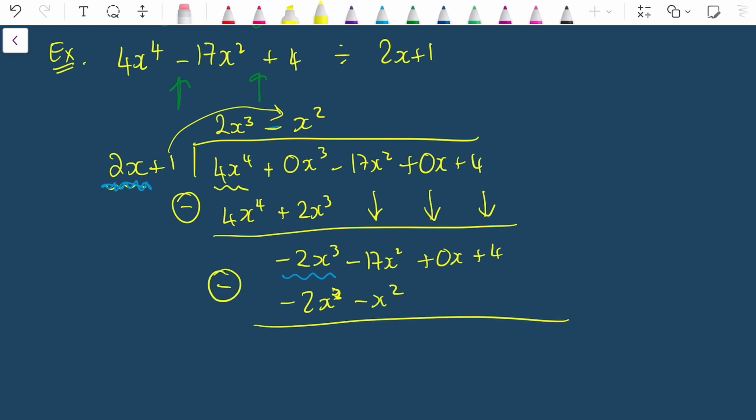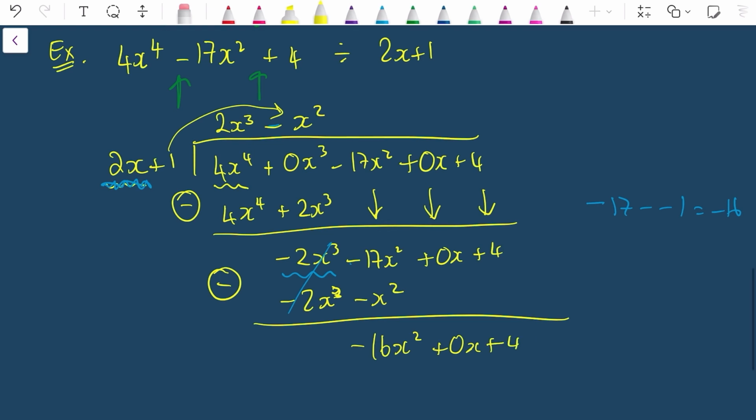Remember to subtract. So that gives me 0. Negative 17, take away negative 1, will leave me with negative 16. So I get negative 16x squared plus 0x plus 4.